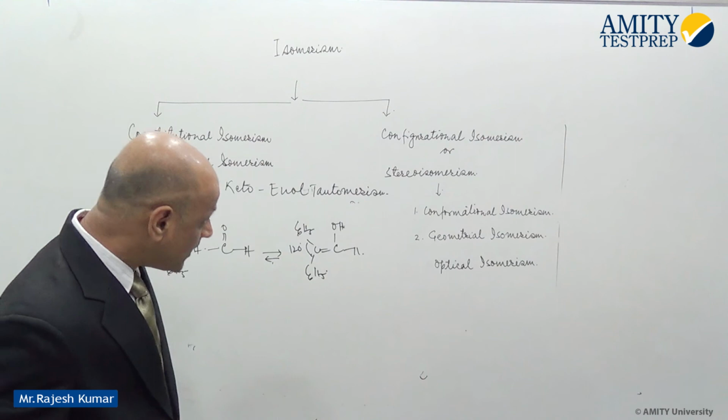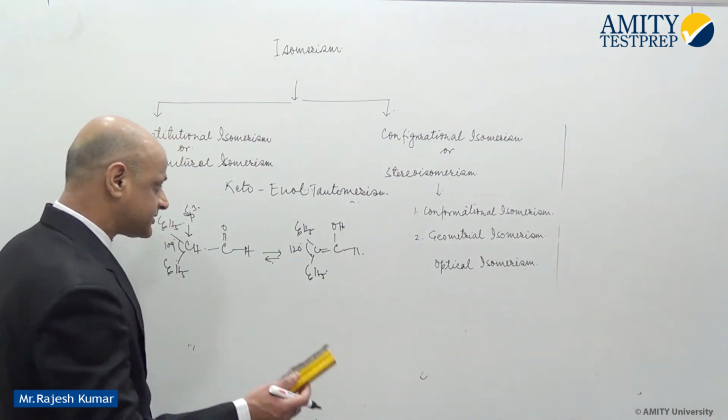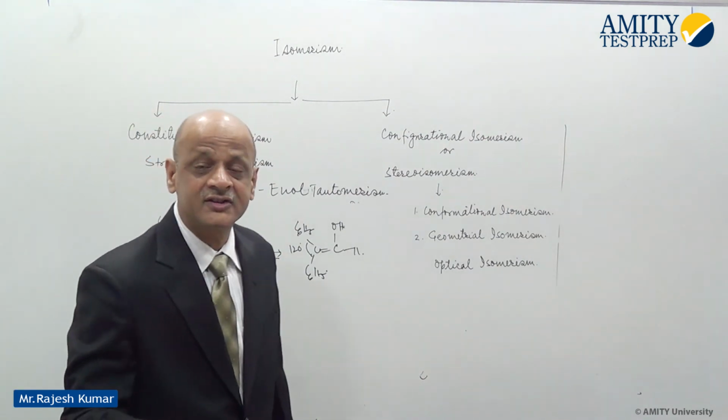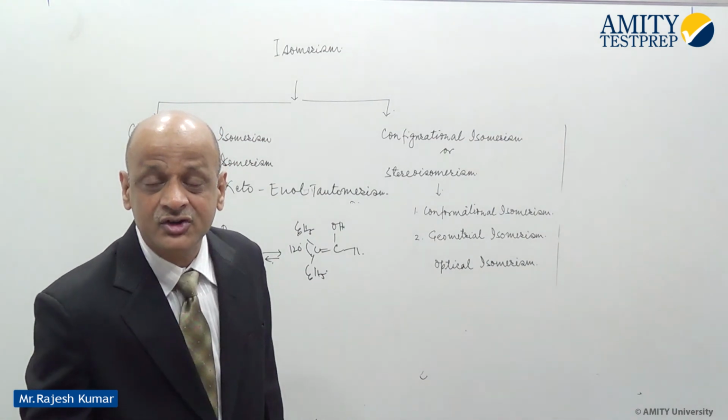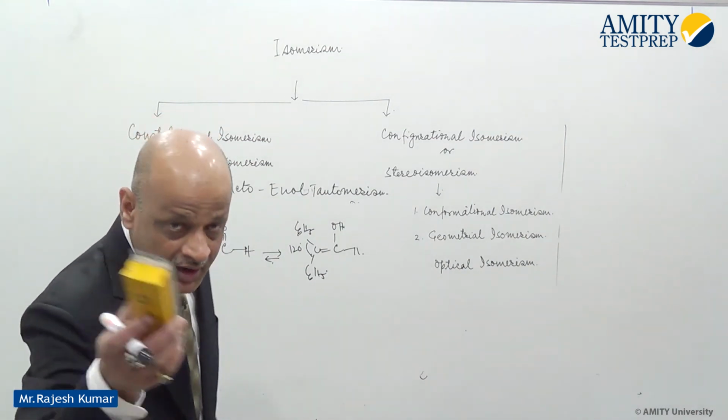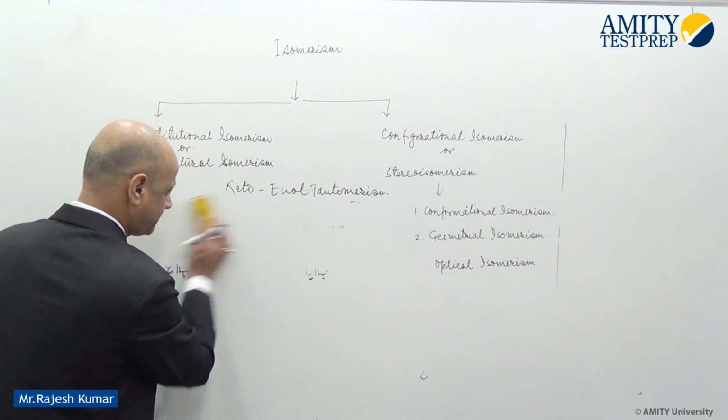Another one is conjugate system. If there is a conjugate system, enol form is considered to be more stable than keto form. I'll take an example here.